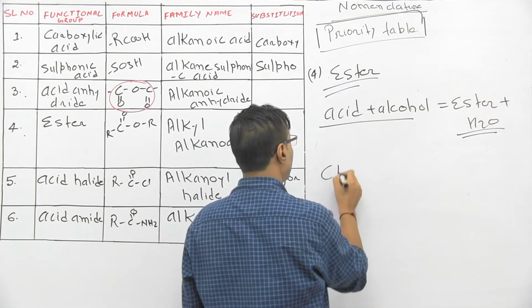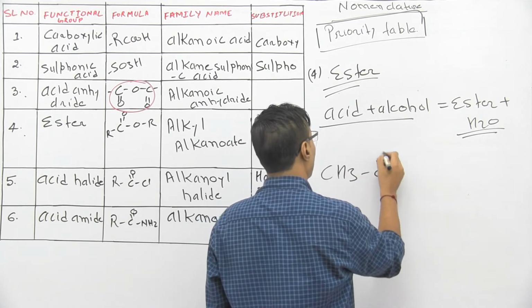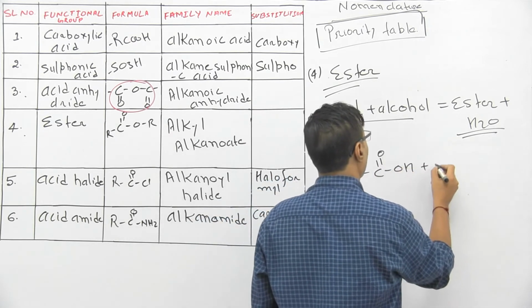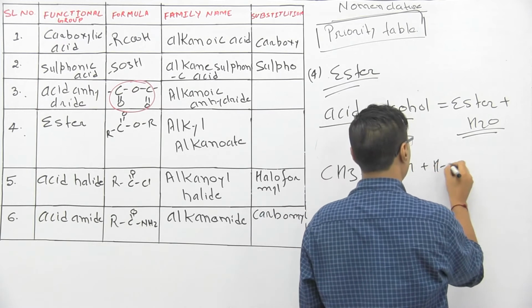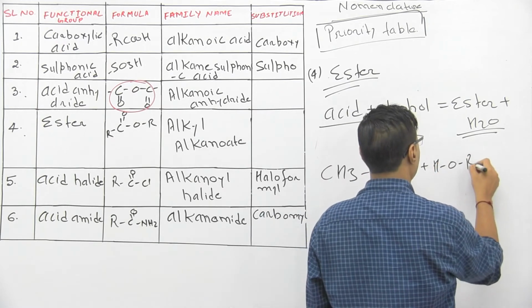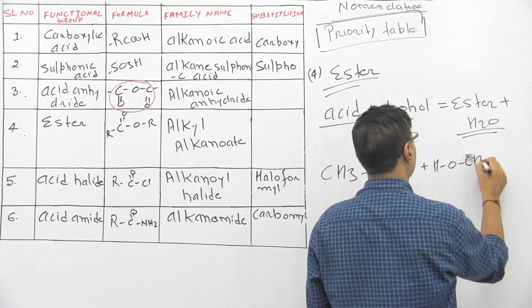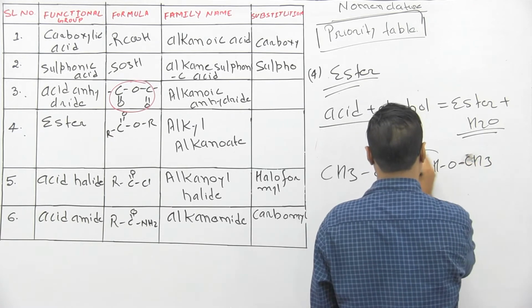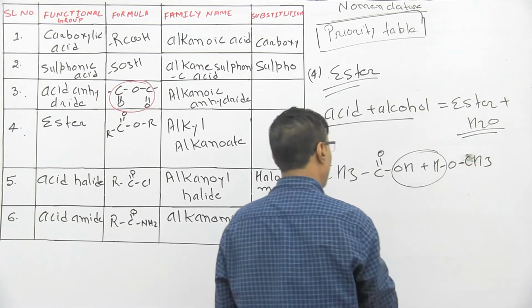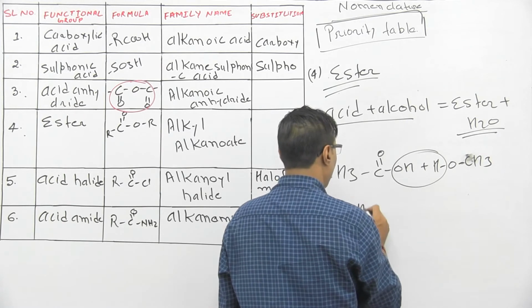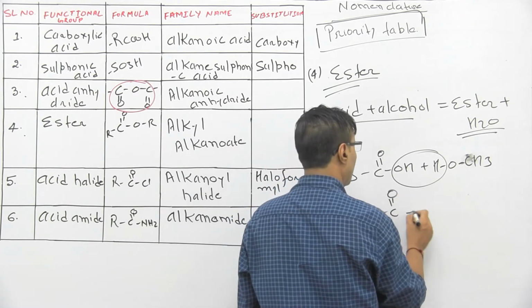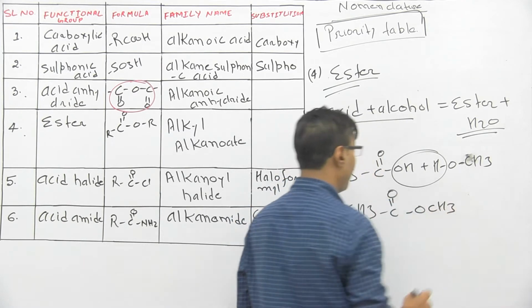So suppose CH3, C double bond O, single bond OH, plus HOR, let it be CH3. Remove the water molecule from here. Then it will be CH3, C double bond O, single bond O, CH3.